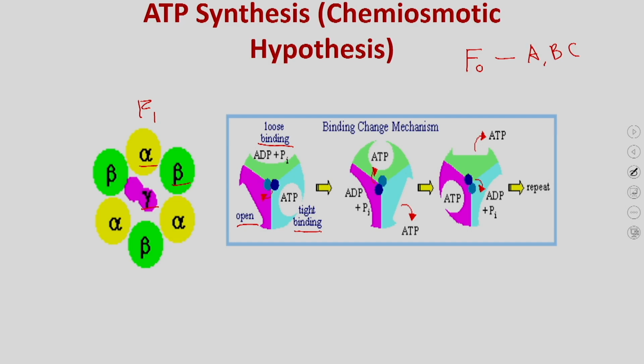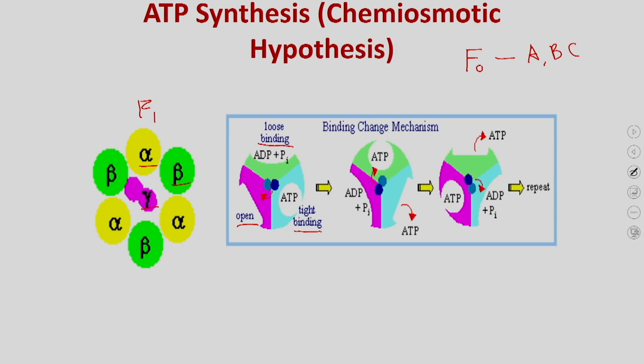So, this is the gamma, and apart from this they also have the epsilon. So, this is the structure which is responsible for converting the ADP plus Pi to ATP.